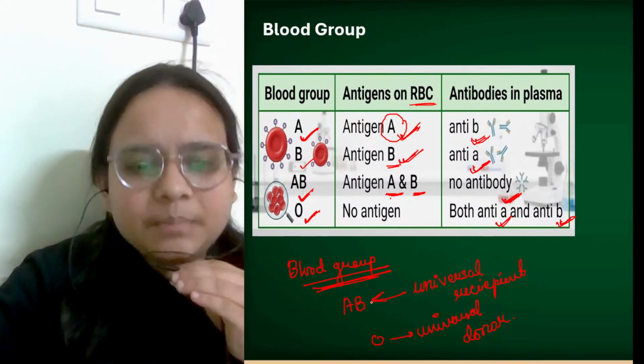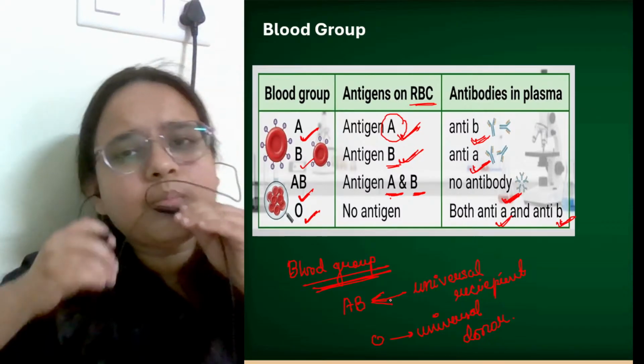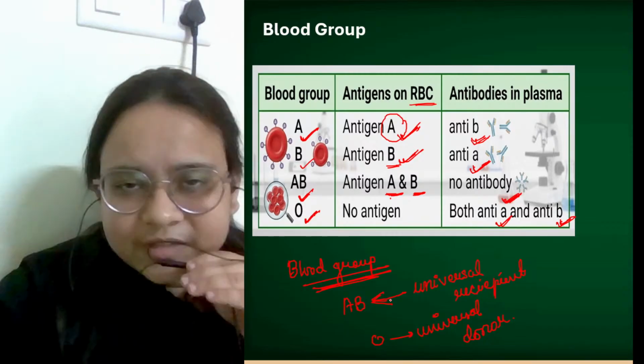That means AB can receive blood from all the individuals.